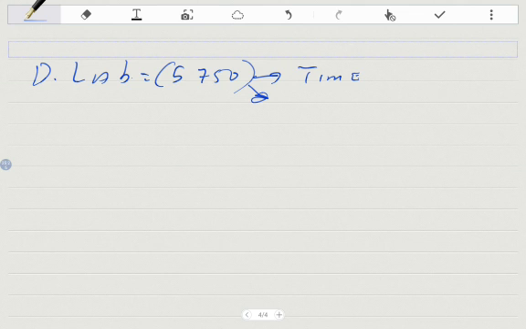The second reason on that labor will be the rate.